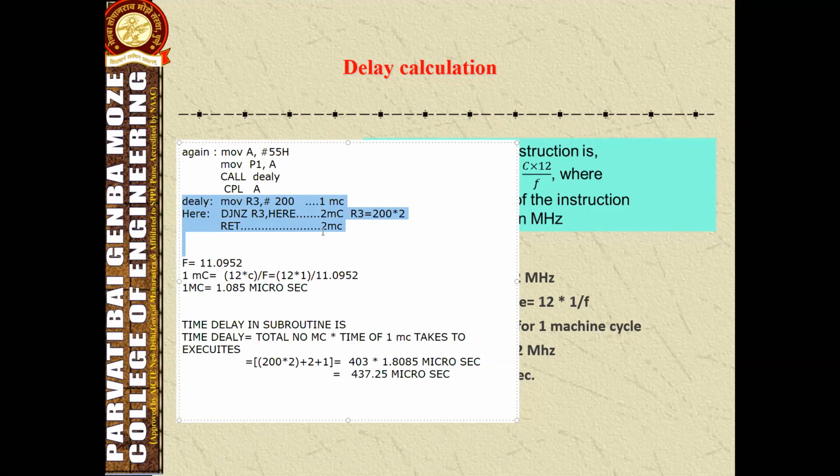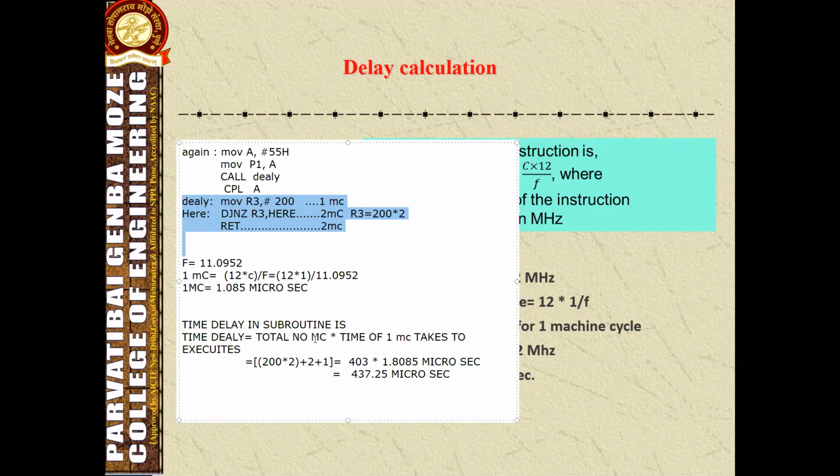In the previous slide we saw one small program for blinking the LEDs, and there we also mentioned this delay subroutine for waiting purposes. Once the LED is off, wait for some time, this much time. After that the LEDs turn on again and wait again by calling this delay.